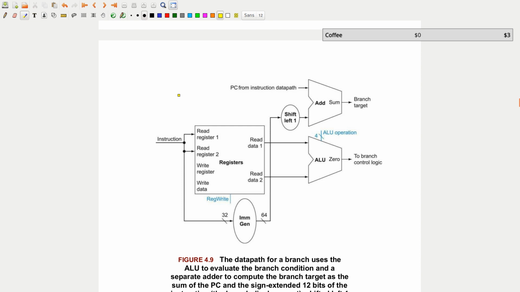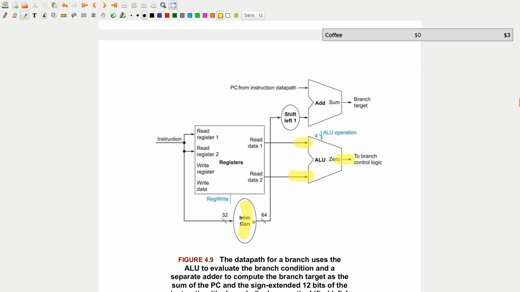So this is the basic idea. We're going to take some immediate value, which is going to be the offset from the instruction. We're going to compare 2 registers and see if the output is 0. Now, we'll have our normal register file data path out here.